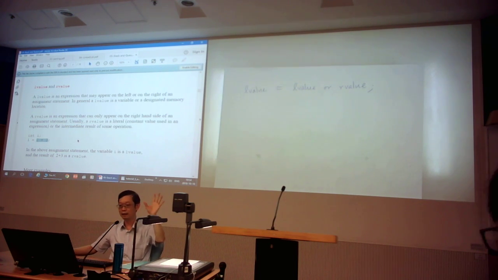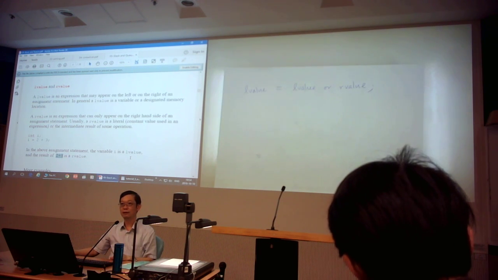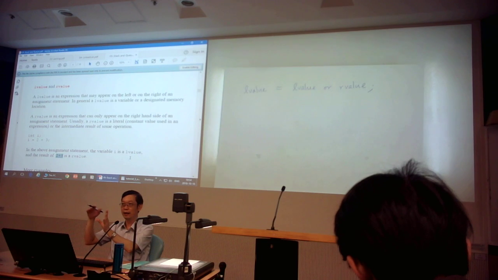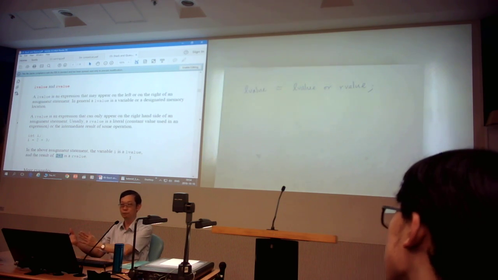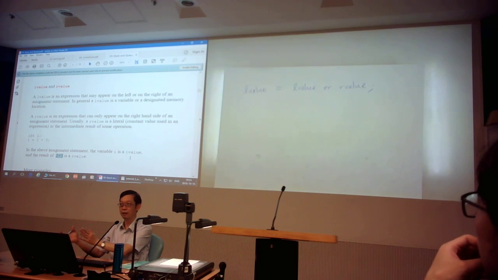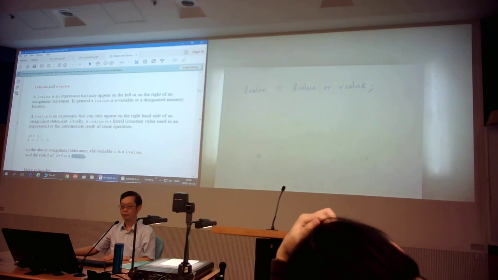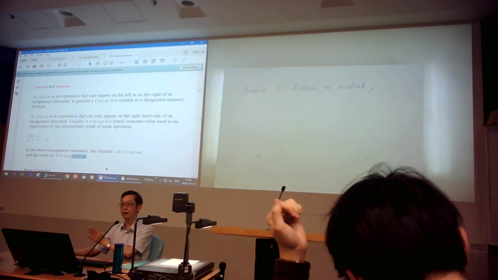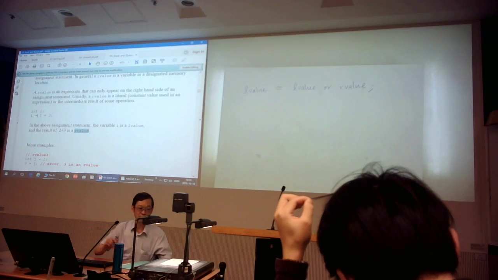So i is an L value. 2 plus 3: 2 is a constant, 3 is a constant. So 2 plus 3 is an intermediate value produced by the ALU. So this intermediate result is an R value that can only appear on the right-hand side of an assignment. You cannot write a statement that assigns i to 2 plus 3.